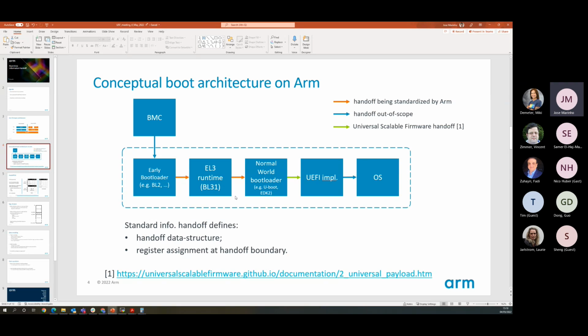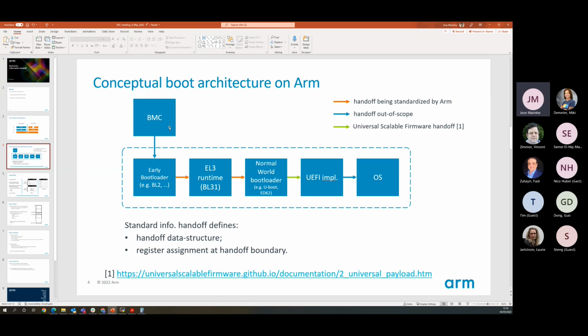And once the BMC releases the host into execution, you would first start the execution from what we've termed here the early bootloader. This is generally either BL2 from the Trusted Firmware project, but it can be many other things. It can be the U-Boot SPL or even coreboot, I believe.